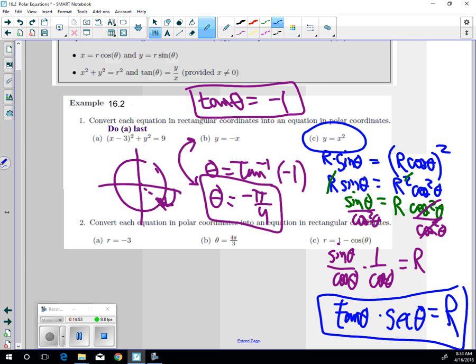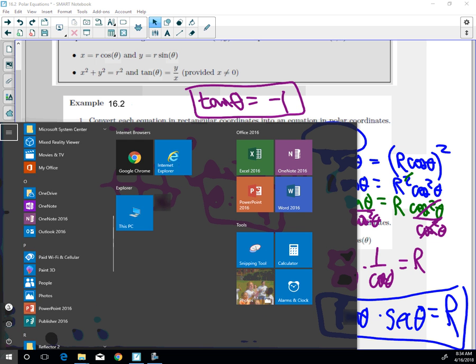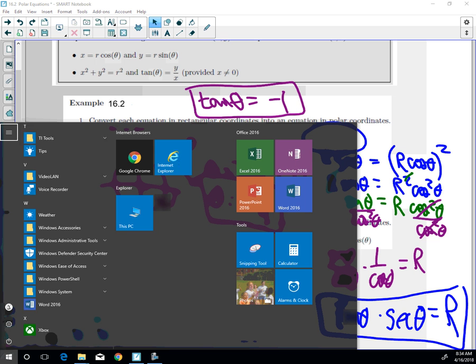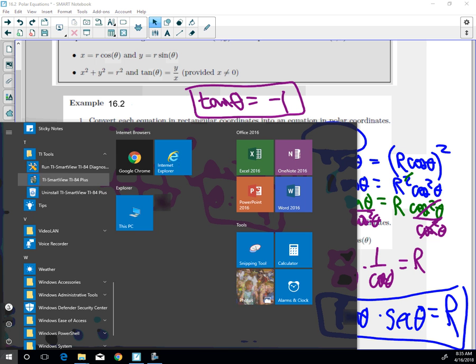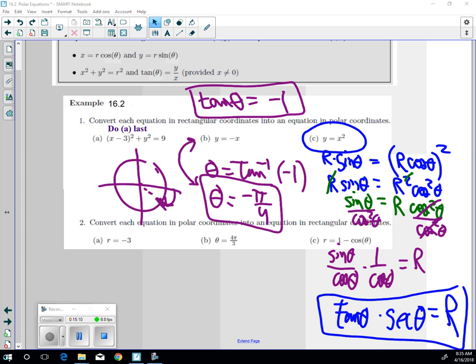Do you believe me? Good. Oh, I appreciate that. But just in case you don't, let's try this. Take your calculators out. Zip on down to calculator. We're going to graph both of these in polar form.